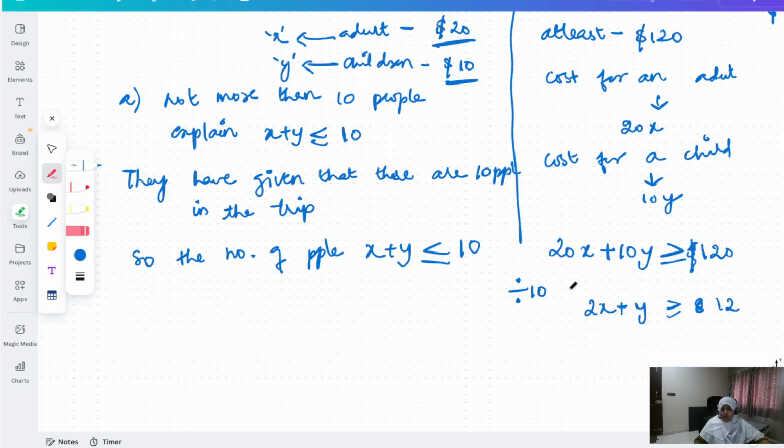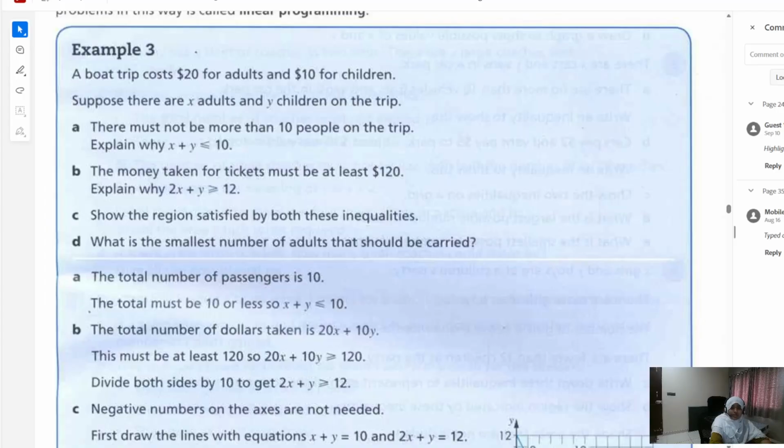So 20x plus 10y should be greater than or equal to 120, we divide and get this equation. They have asked us to explain why 2x plus y is greater than or equal to 12, so this is how we arrive at this. Now we'll move to the next part of the question.